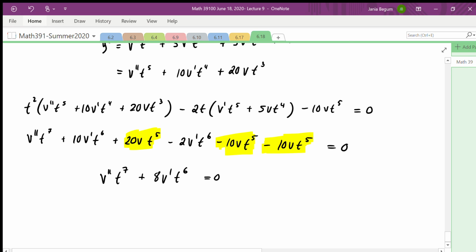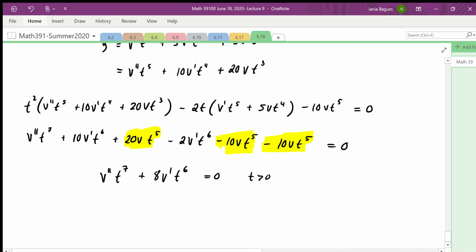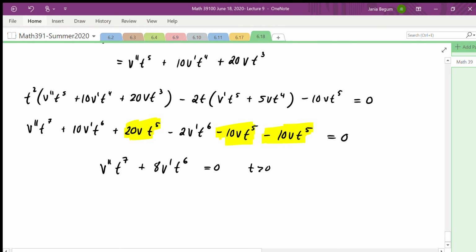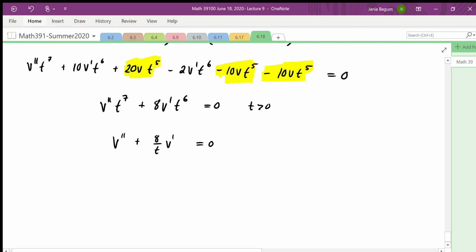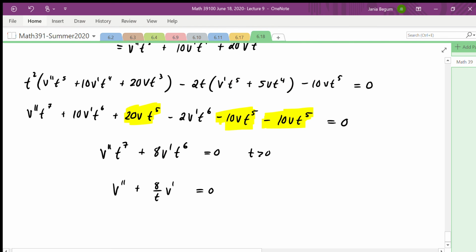Okay, so that's nice and neat. Now because t is bigger than 0, we can go ahead and divide by t to the 7th. So we have v double prime plus 8 over t v prime equals 0. Okay, so how do you think you're going to solve this? This should look familiar, right?